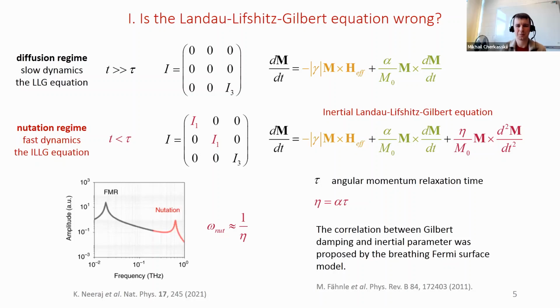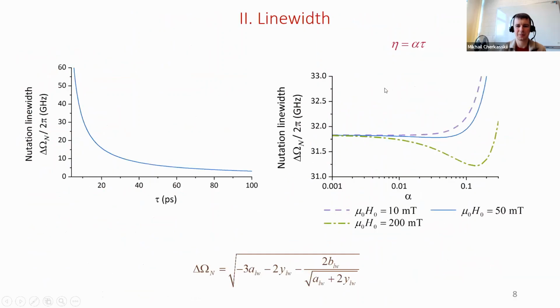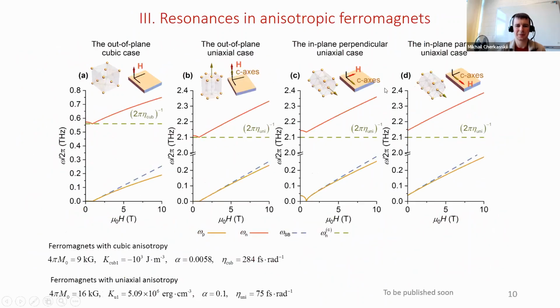Yes. One of the experiments can be shown here. One can find the difference from the ordinary dependence of the ferromagnetic resonance on the magnetic field, which is plotted here by the dashed blue line.